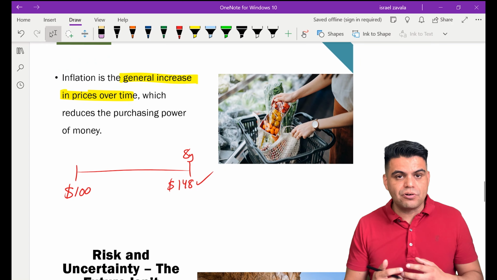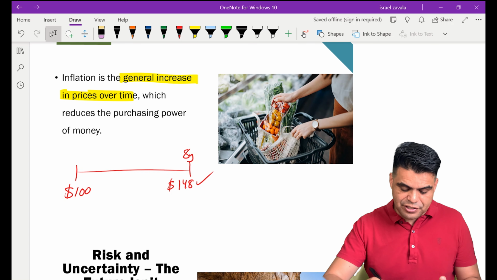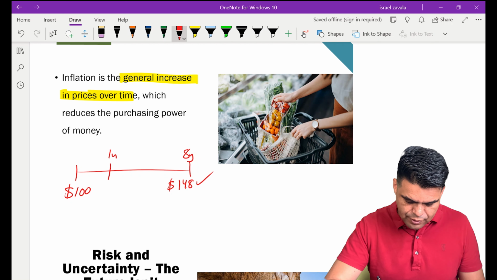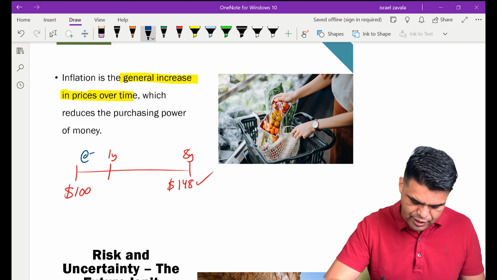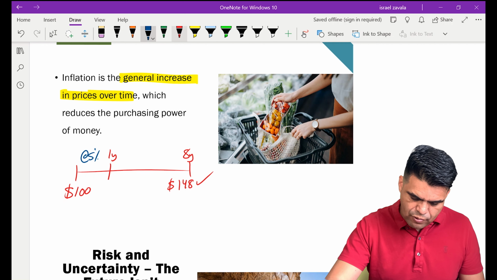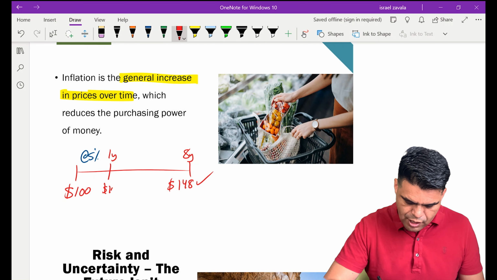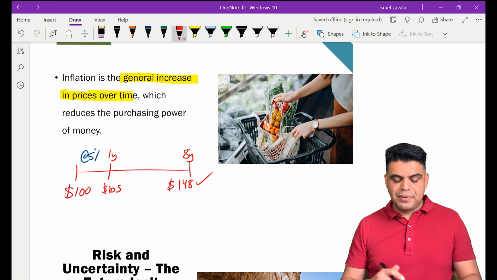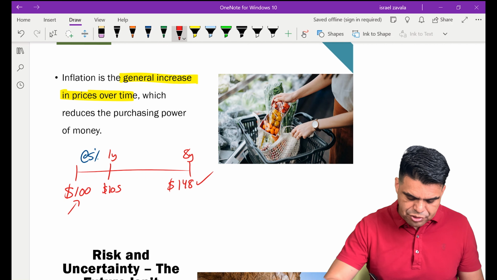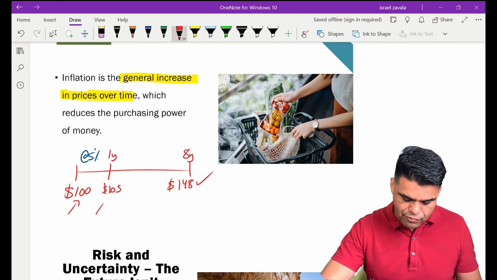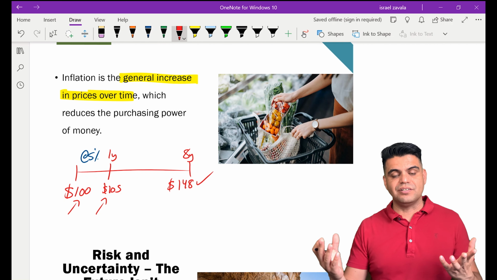Let's say you go to the grocery store, not even 8 years. Let's just do 1 year. In 1 year, this is important. This is at a discount rate of 5%. In 1 year, you'll get back $105. But what you could buy at the grocery store for $100, now in 1 year, you need $105.